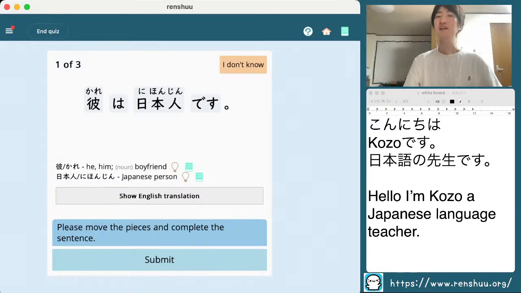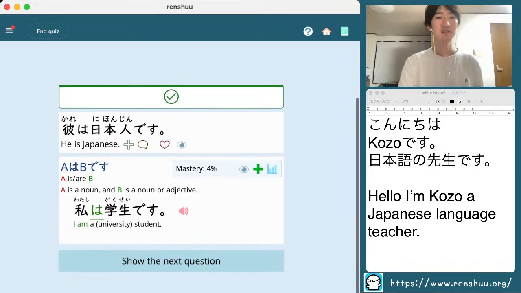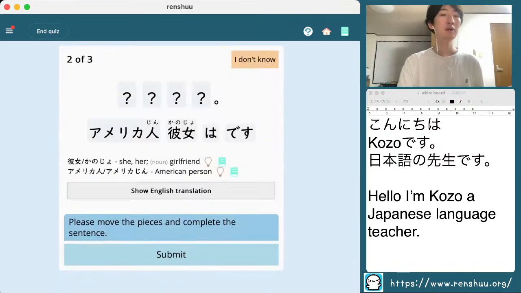But for writing, or if you want to make a complete, right sentence, you should put them in this order. 彼は日本人です。Yay! I got it right.